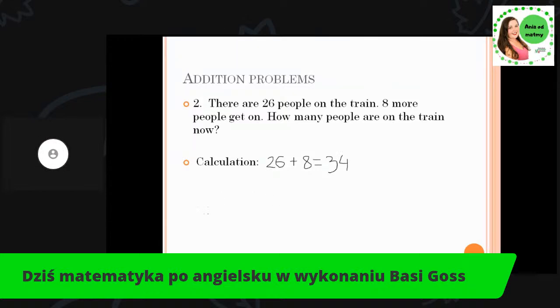How can we check that this is the correct answer? Yes, 34 minus 8 equals 26.